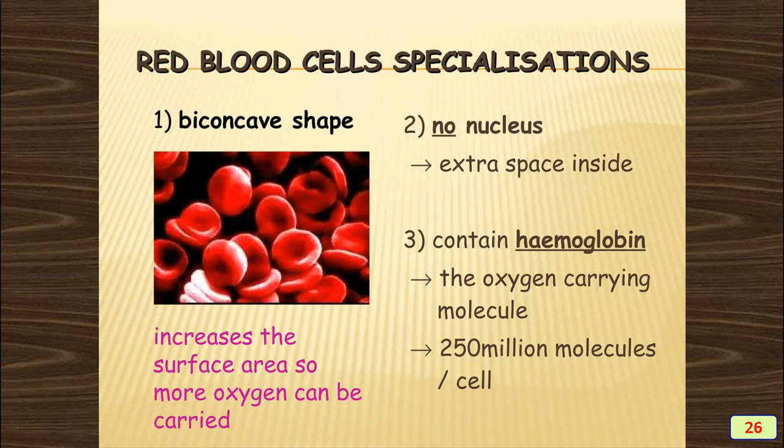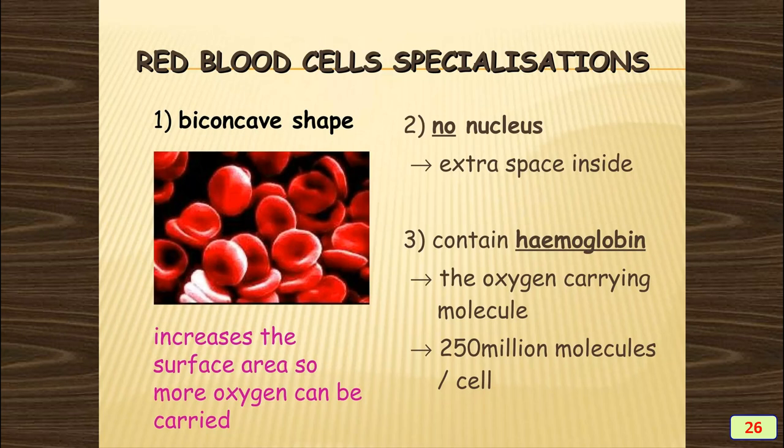There is a species difference in the structure of the erythrocytes. Number one, they do not have a nucleus, and that is why there is extra space inside the RBCs.